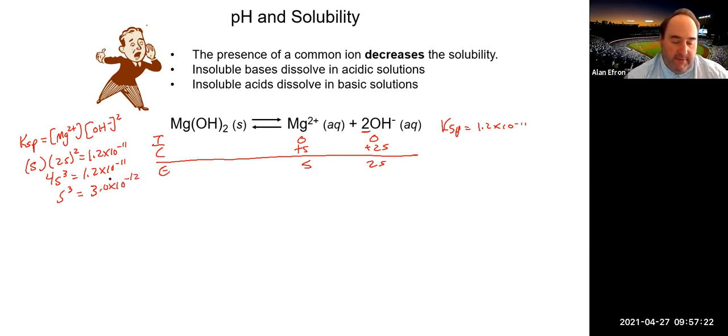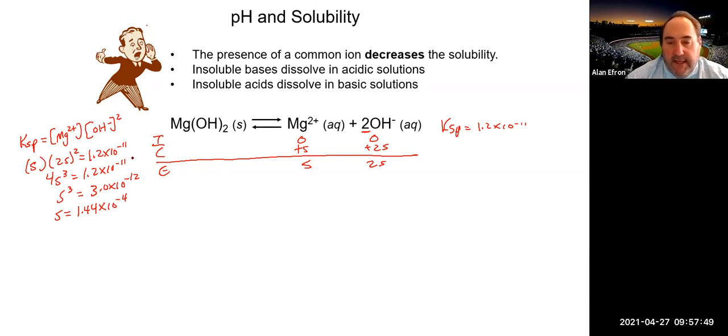Taking the cube root there, if you don't have a cube root button, you could use the caret, 1 divided by 3, and that will do that for you. And that will get you an S that is 1.44 times 10 to the minus 4. Any questions on that calculation?